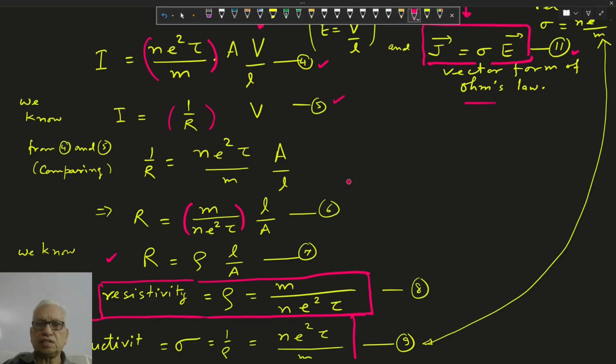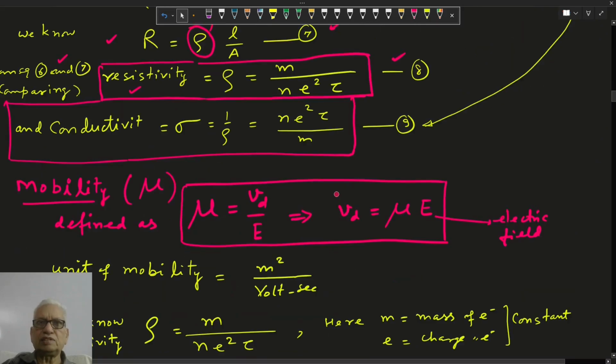We know the relation between resistance R and the resistivity rho: R equals rho L by A. We compare equations 6 and 7. This is the resistivity given by m upon n e square tau. So by comparison, the expression of resistivity rho equal to m upon n e square tau is given by equation 8, and the reciprocal, the conductivity, is n e square tau upon m.